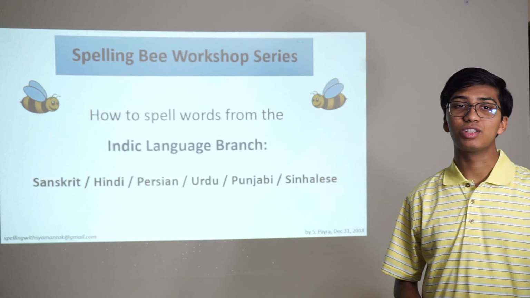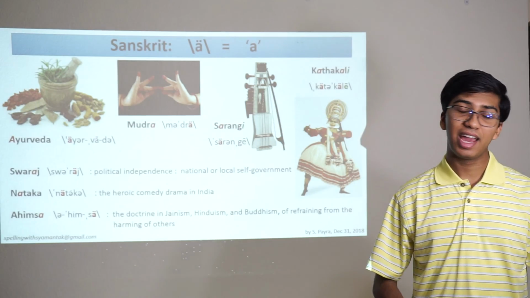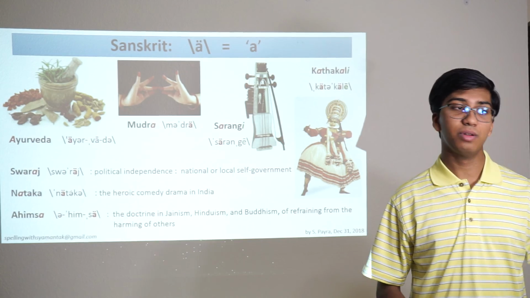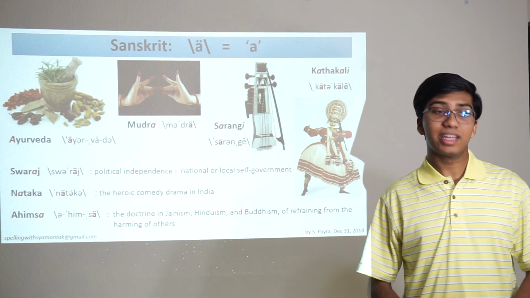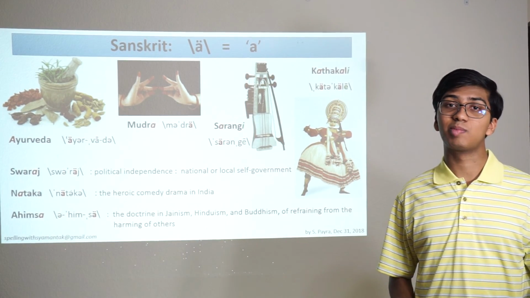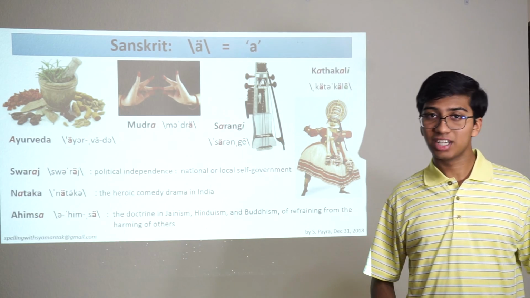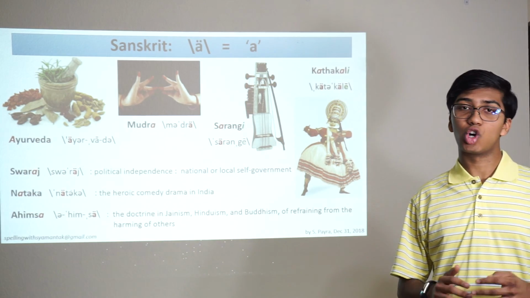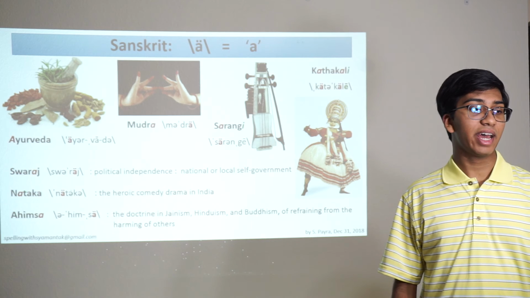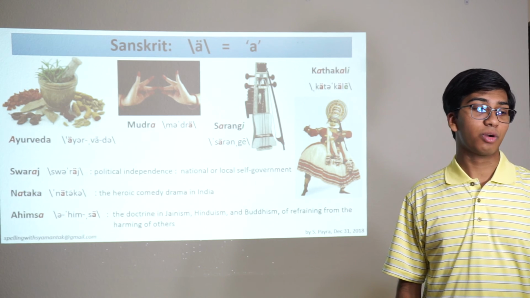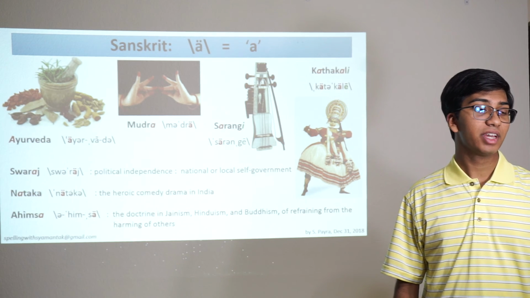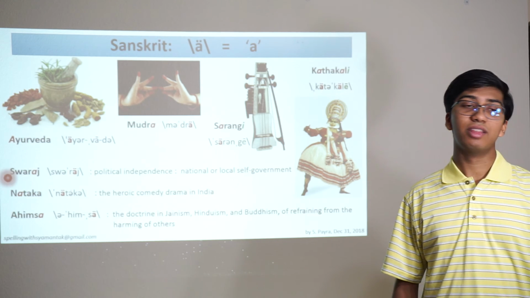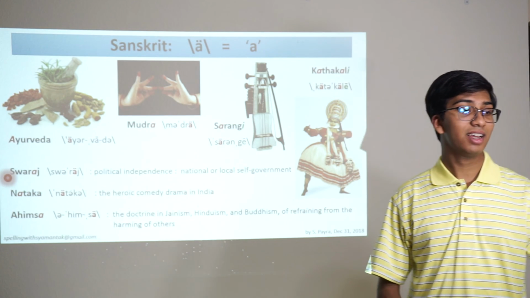So, in these languages, we first start with Sanskrit, and as usual, we start with the vowels. The A vowel is pretty much universally going to be spelled with A. Nothing too complicated, no AHs or Os. You have words like Ayurveda, a form of alternative medicine. You have Swaraj, the philosophy of political independence.